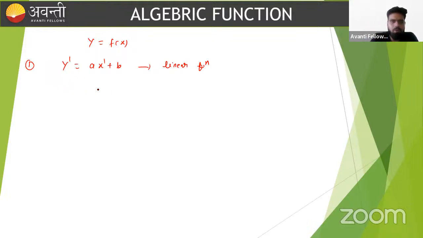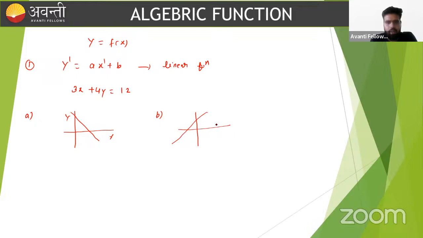And if we want to locate, suppose the equation 3x plus 4y equal to 12. Tell me the answer. What is the correct representation in the coordinate axis? This is x, this is y. This is option A. This is option B, x and y.